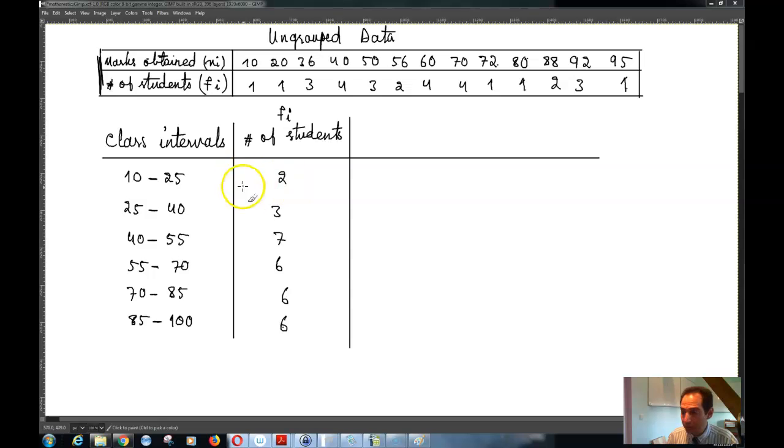The class mark is basically the average of each class interval, meaning the average of the lower limit and the upper limit of each class interval. So this number that you see here is called the lower limit of this class interval. This number over here is called the upper limit of this class interval. That does make sense, of course.